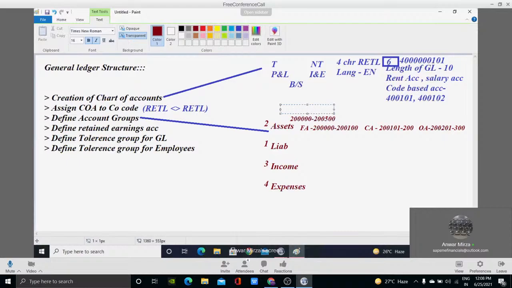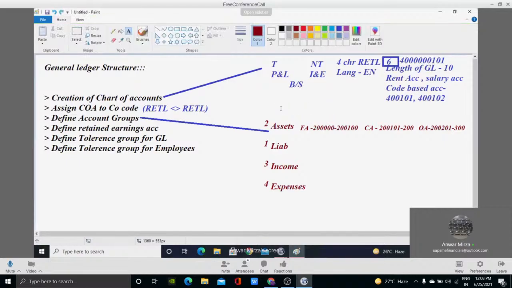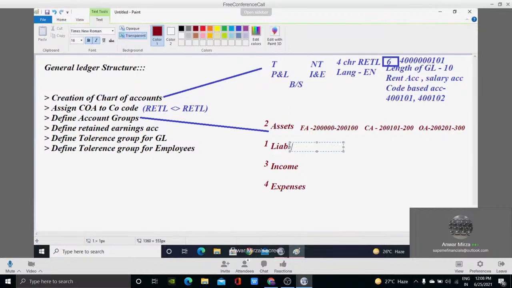Okay. So now moving further to liability. First one, long-term liability, LTL. Now how are you going to start? 1 lakh 100. I've simply kept 100 so that it will be easy for you guys to identify.